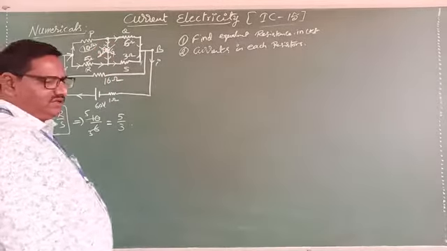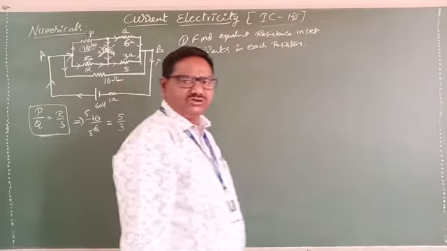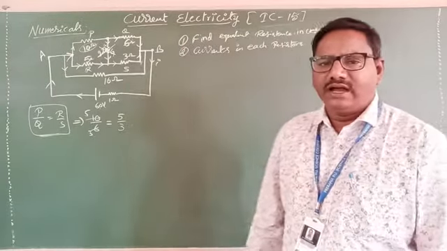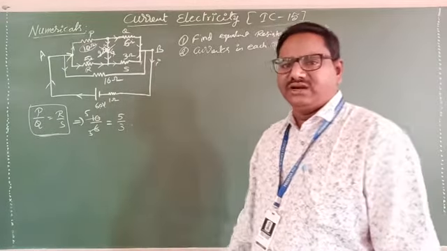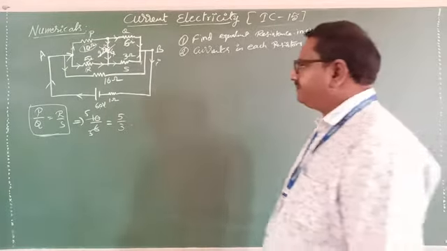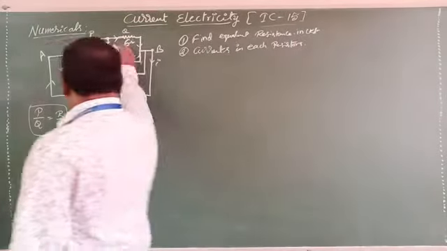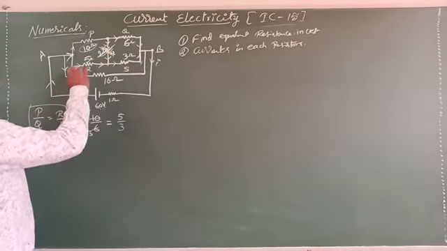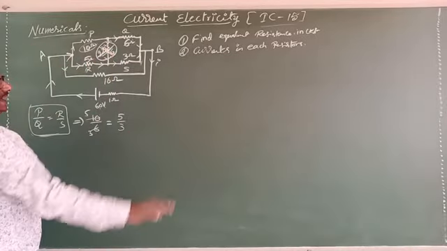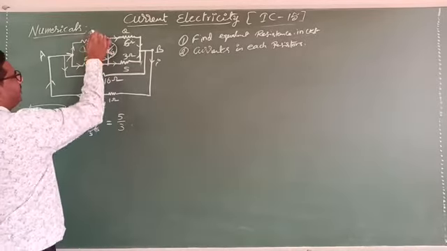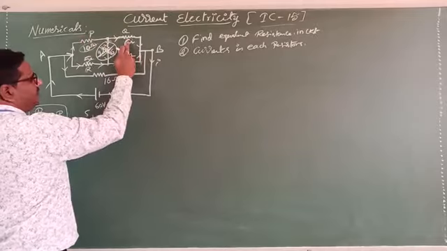That means current does not pass through the 20 ohms. Current does not pass through the 20 ohms. This is an application of the Wheatstone bridge. Okay. The current doesn't flow here. Now, if current is not flowing here, this connection is neglected. Then what happens? Here the current will also be the same.